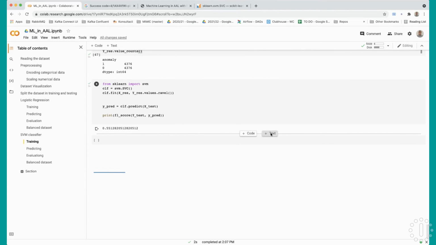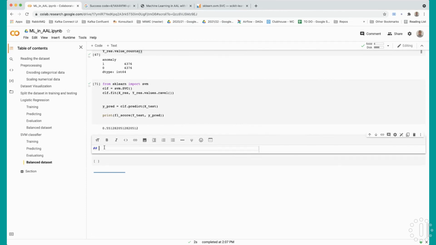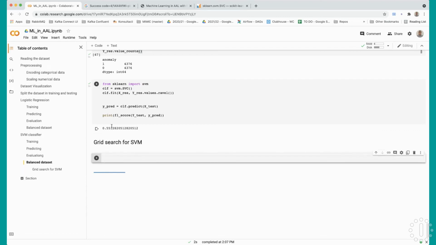So let's just add this as a text. Grid search for SVM. This grid search will help us to find the best parameters for a given model. When working with grid search, we have to define a dictionary.